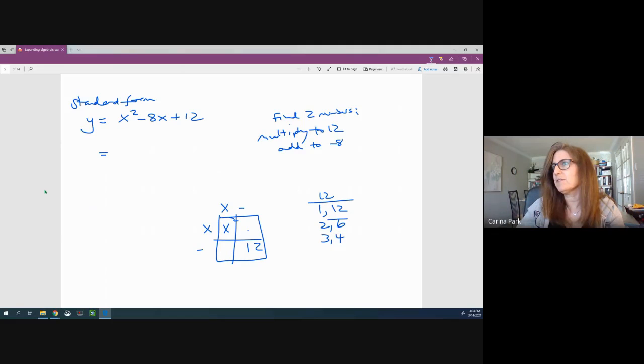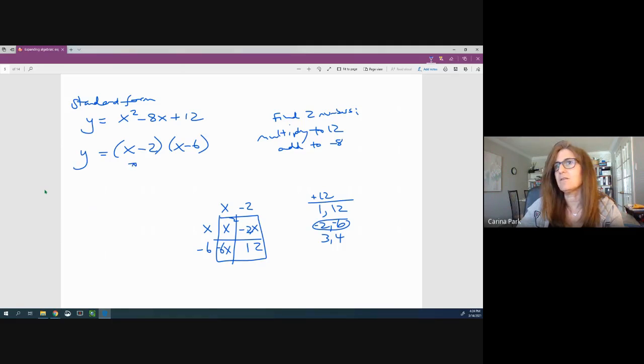So the 2 and 6 looks the most promising, but they have to add up to negative 8 and multiply to positive 12. To get to positive 12, either both numbers must be positive or both numbers could be negative. So this combination with negative 2 and negative 6 will add up to negative 8. So we know that to factor this is x minus 2 and x minus 6.